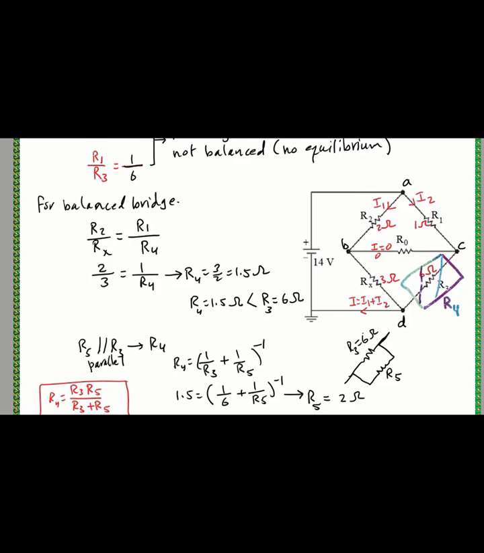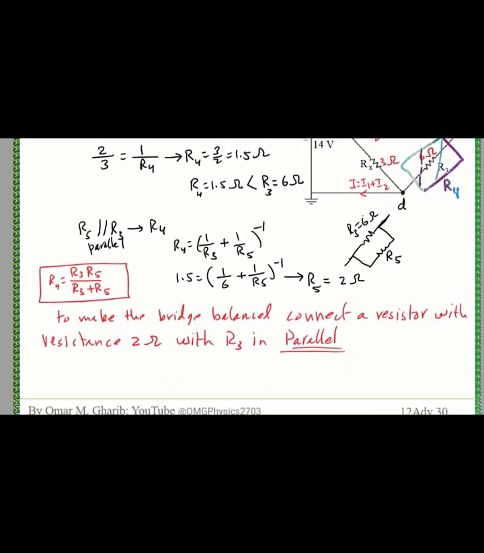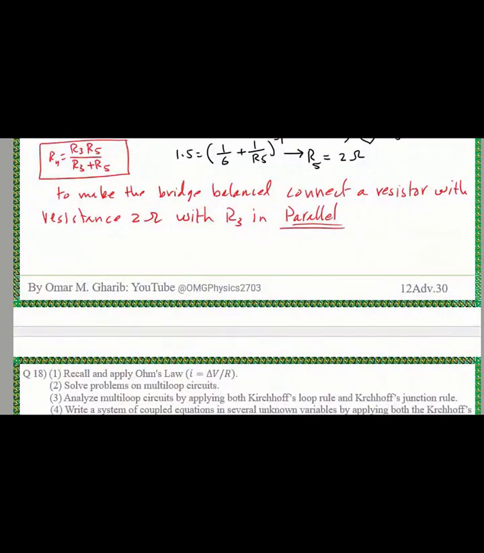How can we find I1 plus I2? Since there is no resistance between A and the battery, and no resistance between D and the battery, the potential difference between A and D is the same as the battery.